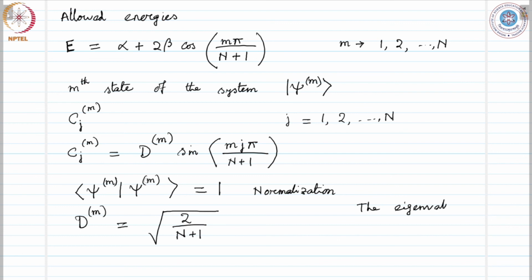If we have n equals 3, we will have 3 states here: bonding, anti-bonding and non-bonding, and so on. If we have n tending to infinity, then we will have a continuous spectrum of energy eigenvalues that you can see right away.